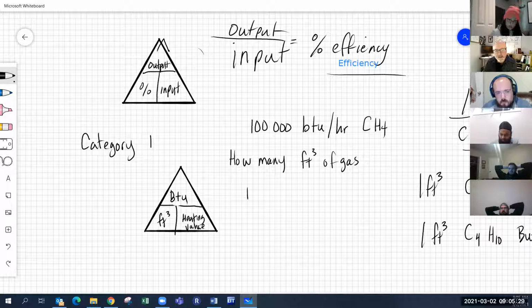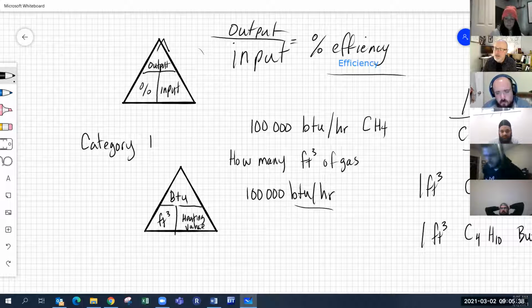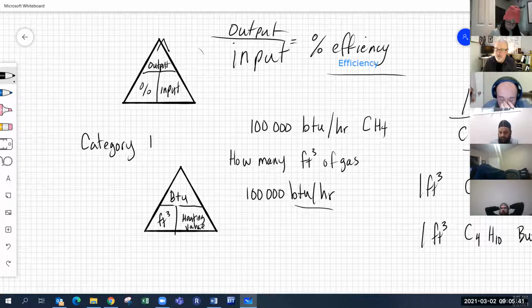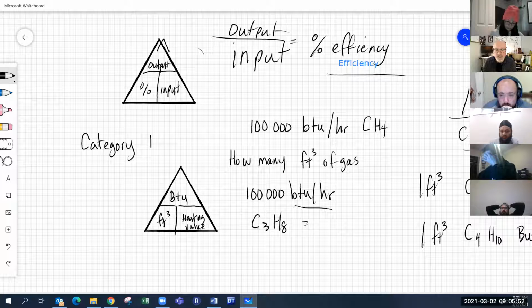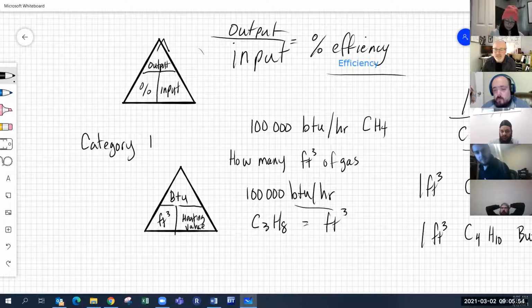Okay, so how about that 100,000 BTU appliance? BTUs per hour, because most appliances are rated in BTUs per hour. It'll tell you how many BTUs they burn in a period of time, and that time is usually in hours. And if it was burning C3H8, how many cubic feet of gas is that? 40 cubic feet.